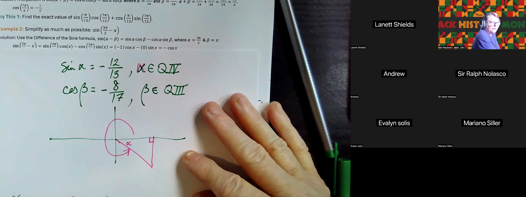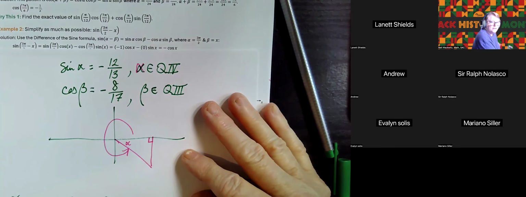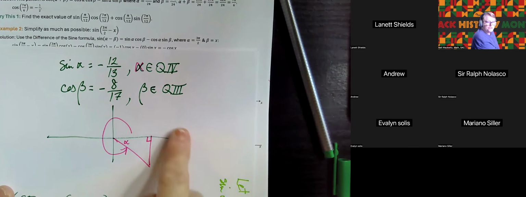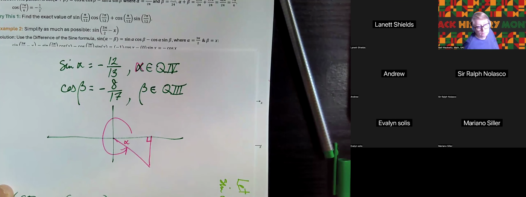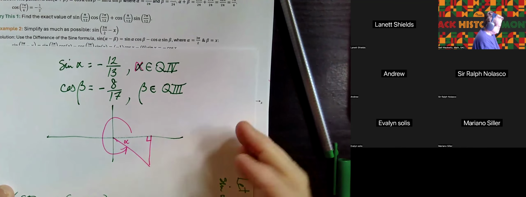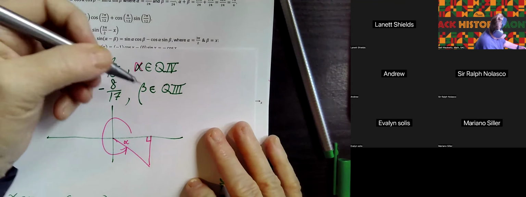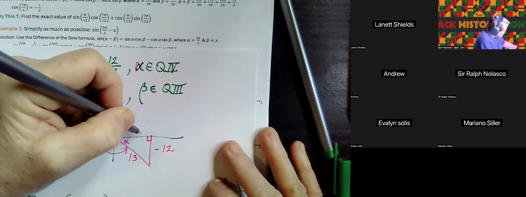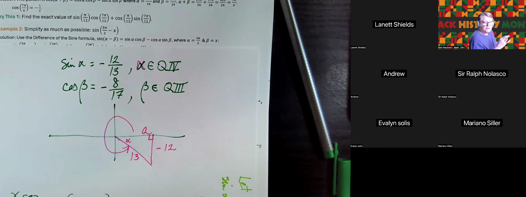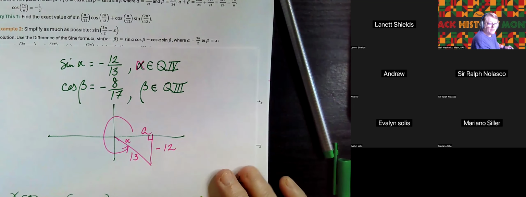If I know that the sine is -12/13, what sides of this triangle can I label? The opposite. Good. Opposite and hypotenuse. Okay, good. So we've got -12 and 13. And let's always use the convention that the horizontal side is a, and the vertical sides go with b. How can we figure out what little a is?